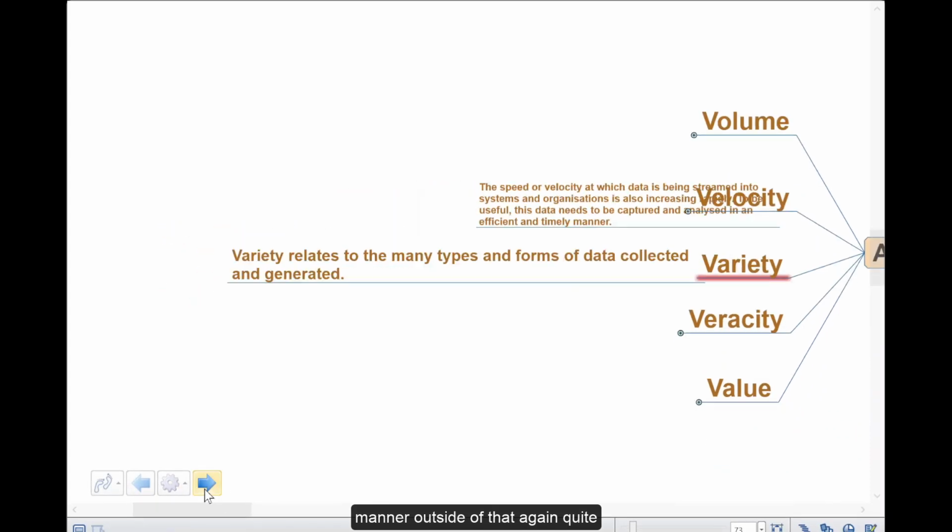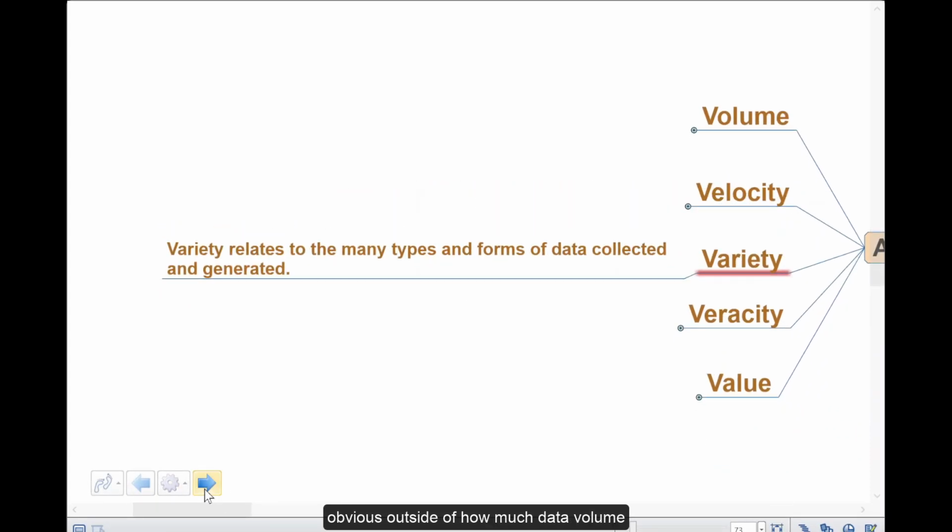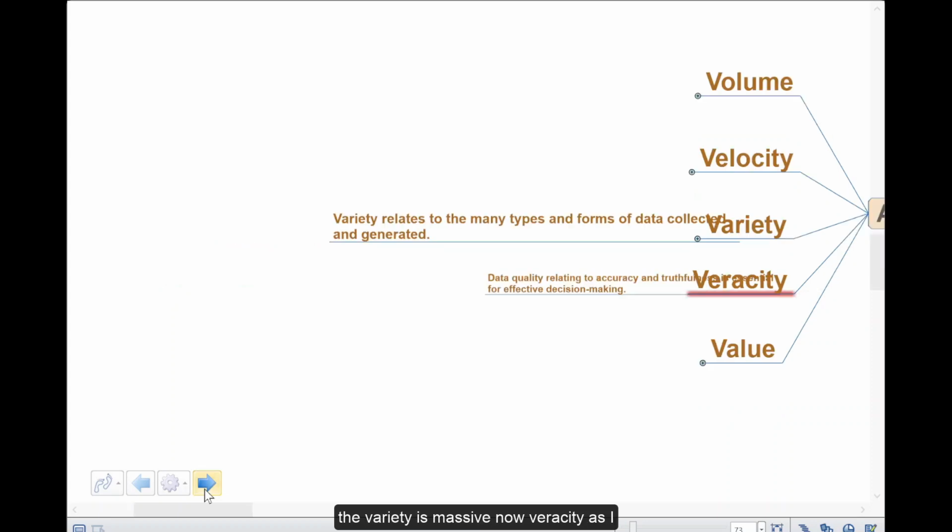Outside of how much data volume and how quickly it's coming, it's the variety. Many, many different forms. Again, using the supermarket example: point of sale, WhatsApp, text messages, email, handwritten letters, customers coming to the counter, etc. The amount of information and the variety is massive.